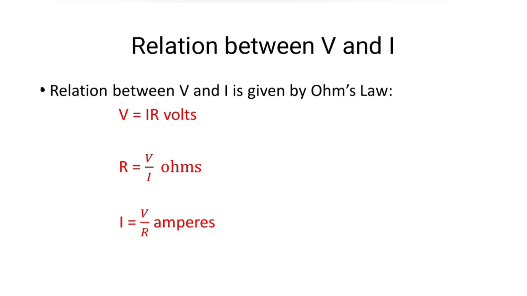A relationship between voltage and current across the resistor: V is equal to I into R. This is the equation given by Ohm's law, from which we can get the equations for R and I. R is equal to V by I ohms and I is equal to V by R amperes.